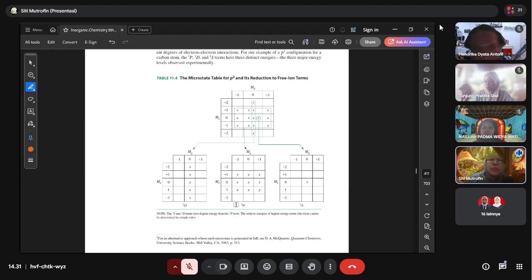Now we move to the P. P is a bit of a problem. Why? Because if we put -1, 2 times -1 plus 1 could be -1. 2 times 0 plus 1 could be 1. 2 times 1 plus 1 equals 3.